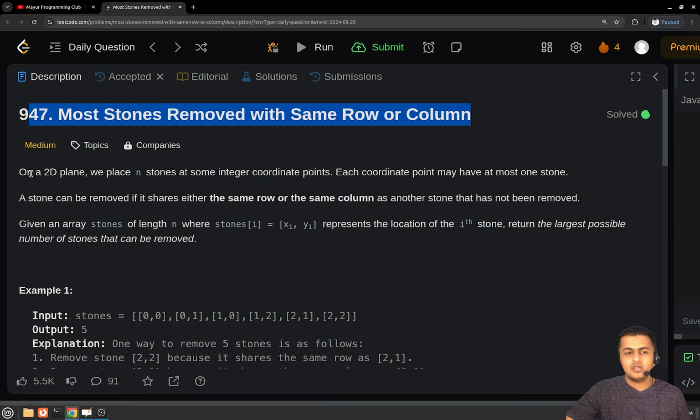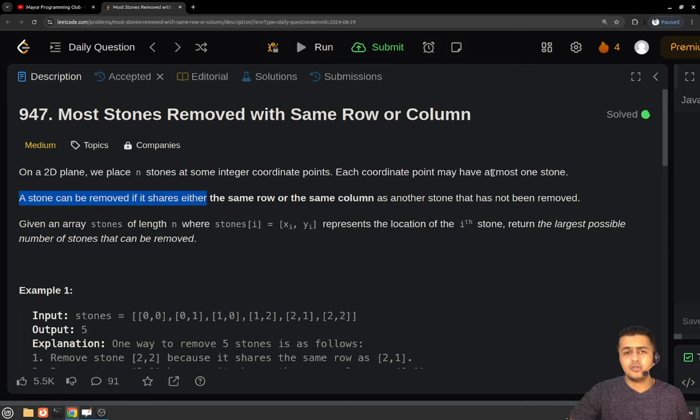Okay, so the problem statement goes like this: on a 2D plane, we will be placing n stones at some integer coordinate points. Each coordinate point may have at most one stone, so there will not be two stones at a particular coordinate.